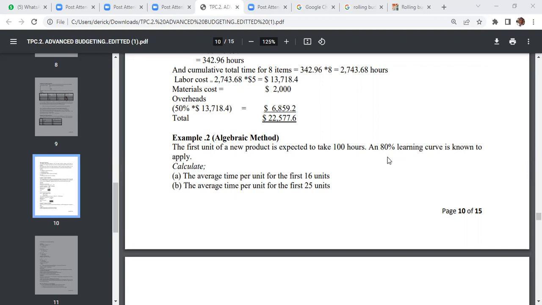Someone should help me get the figure because I don't have the calculator here.